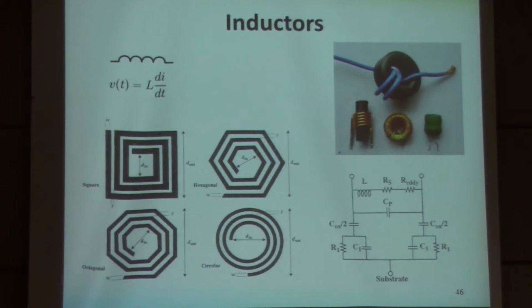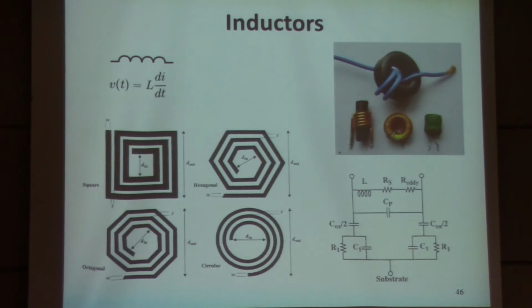A third type is the inductor. If you look under a microscope, this is the kind of inductor people actually built on a wafer. This is called a spiral inductor. It's similar to these discrete components. Once again, the question is how high you can go, the operating frequency. That's always the limitation.